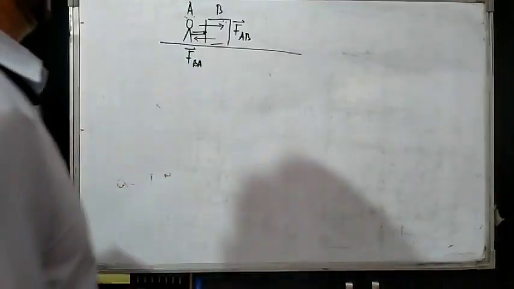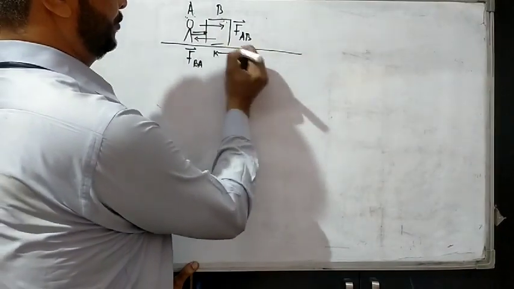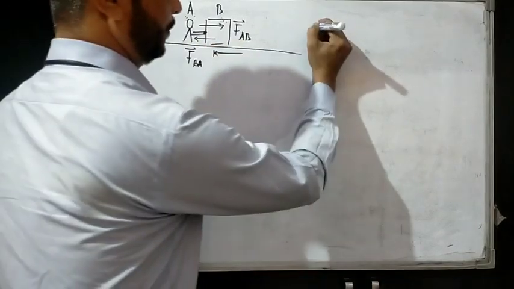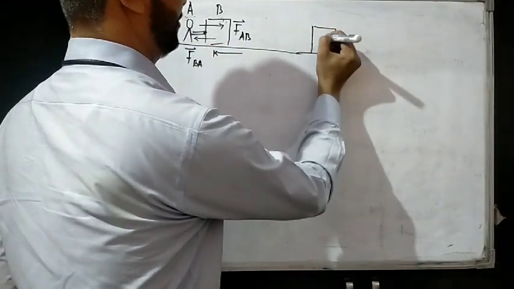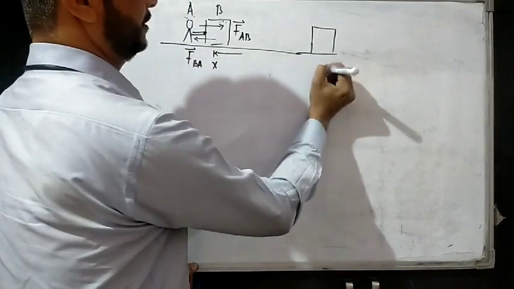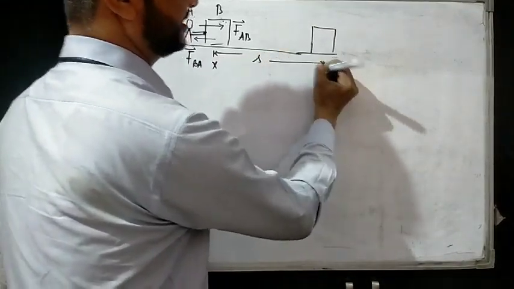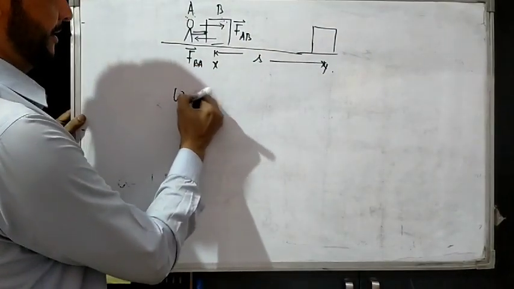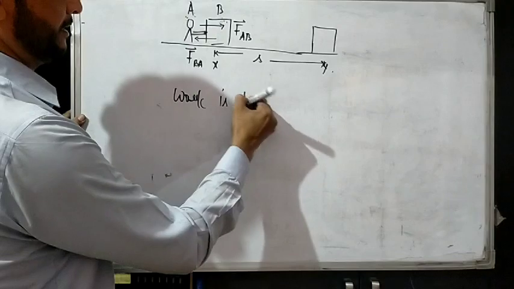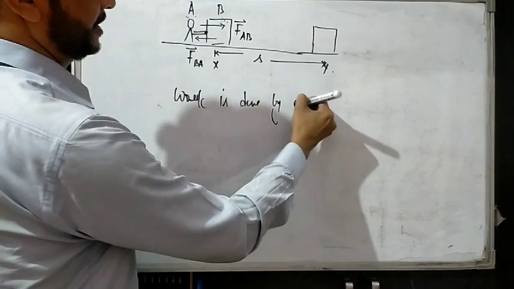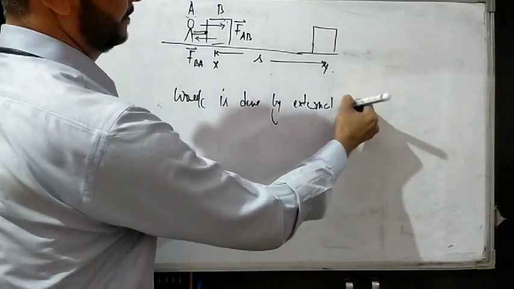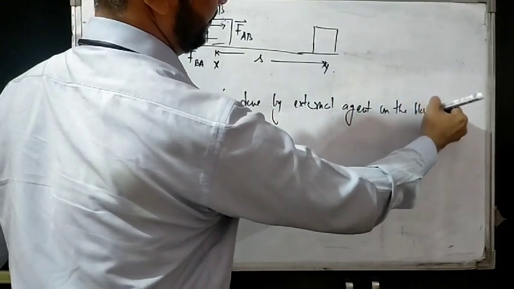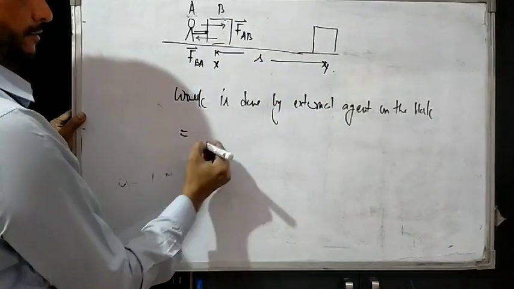So let us suppose that due to this applied force of the man, the block moves from X to Y position by traveling a distance S. My dear children, if work is done by the external agent on the block, what is the force?